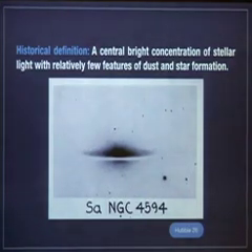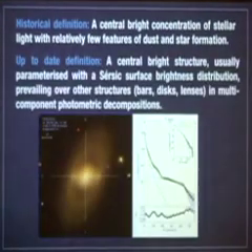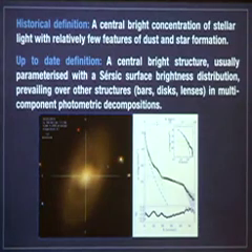Of course, our view of galaxies has evolved with time, and now we have much better images, much better techniques to study galaxies, and an up-to-date definition for what a bulge is could be something like this. A central bright structure, which is usually parameterized with a Sersic surface brightness distribution.